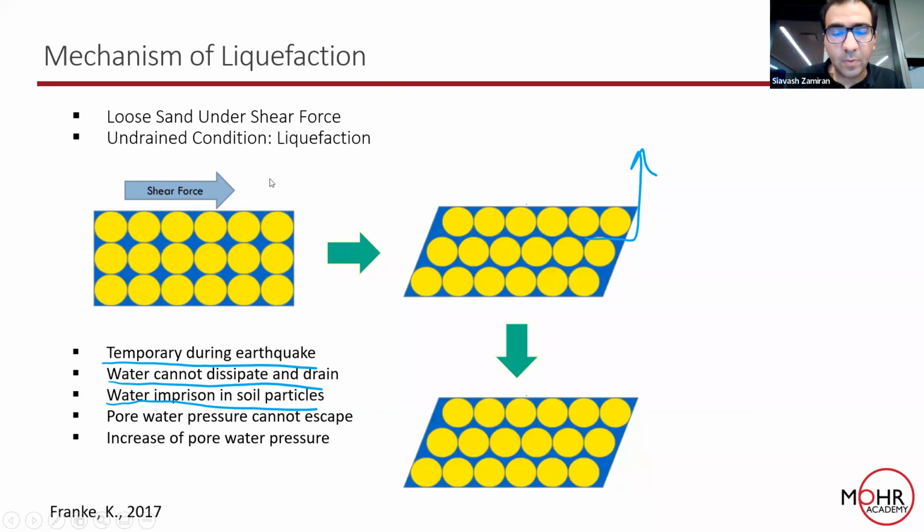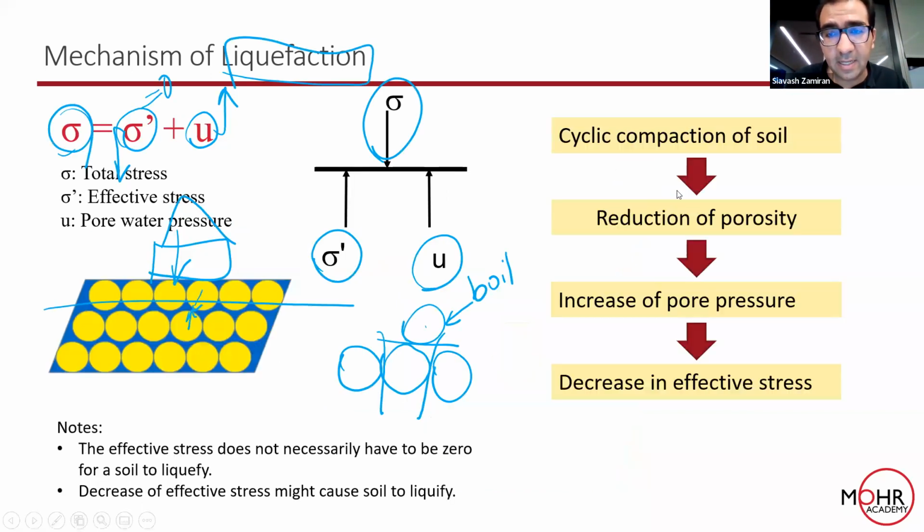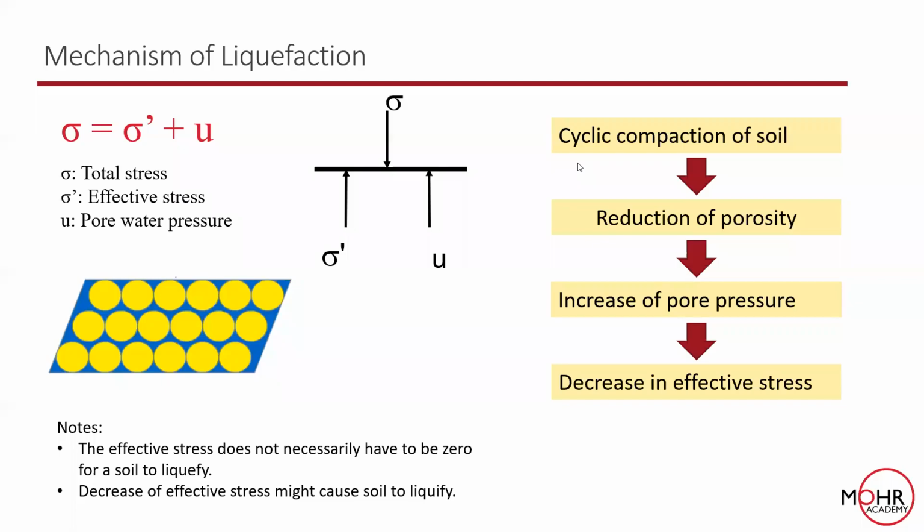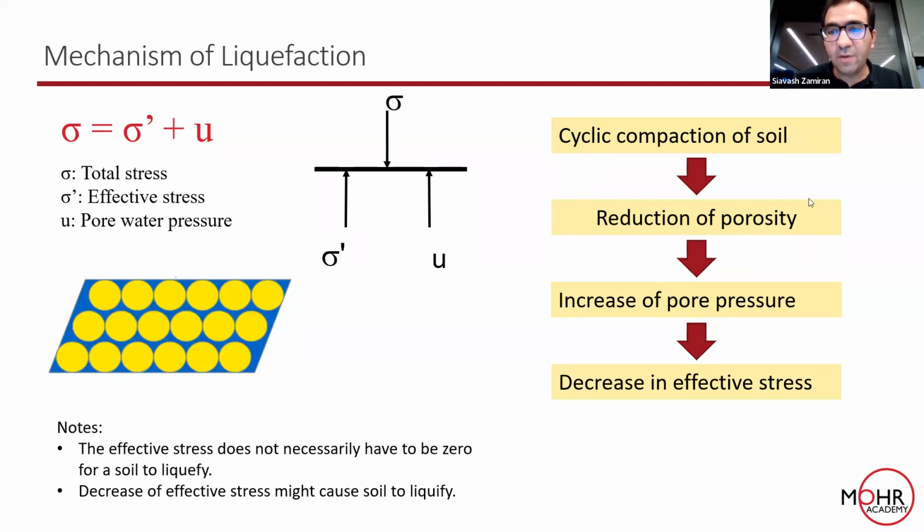In the example I was talking about, I was saying that the shear stress is applied to the soil and therefore the pore water pressure increases. However, we are missing a portion of that. What we are missing here as a component is the reduction of porosity. That is actually the main reason that liquefaction is happening in soil.